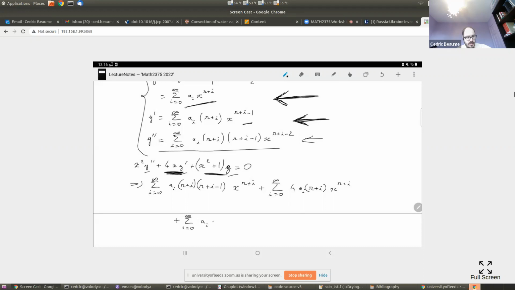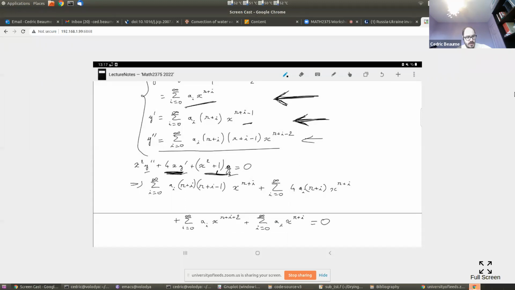So a_i x^(r+i+2). I'm multiplying it by x squared, so I need to add 2 to the exponent. And the last term is just y. So plus the sum of i equals 0 to infinity of a_i x^(r+i). And that long expression has to be equal to 0. Okay?